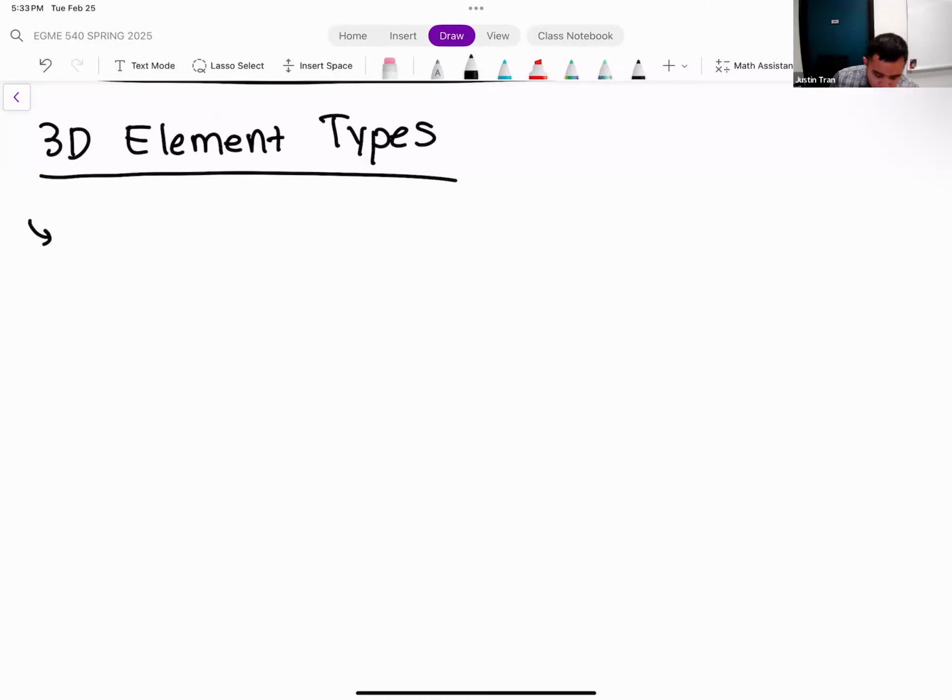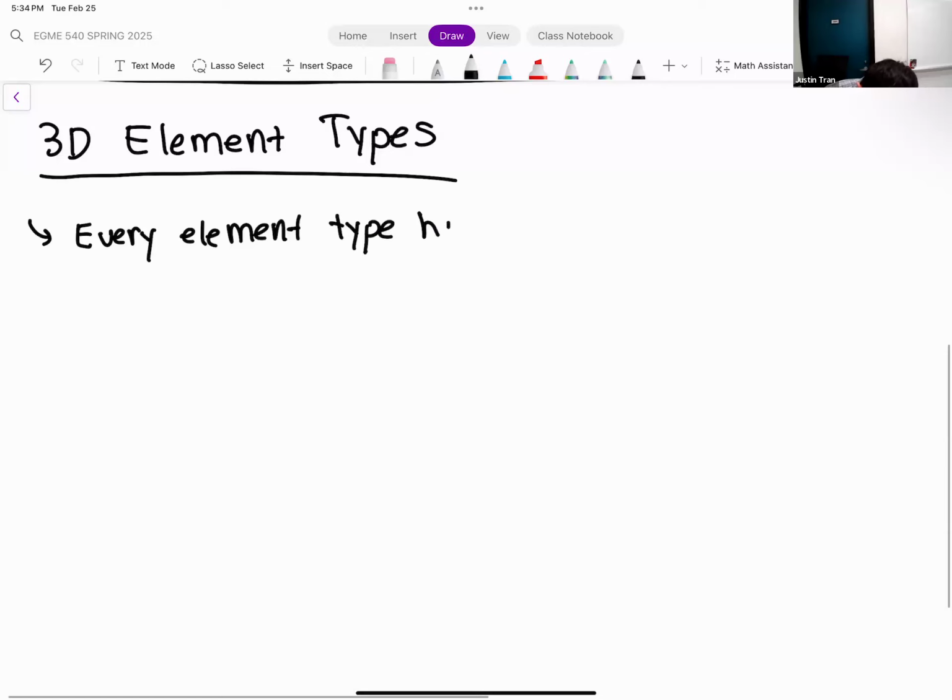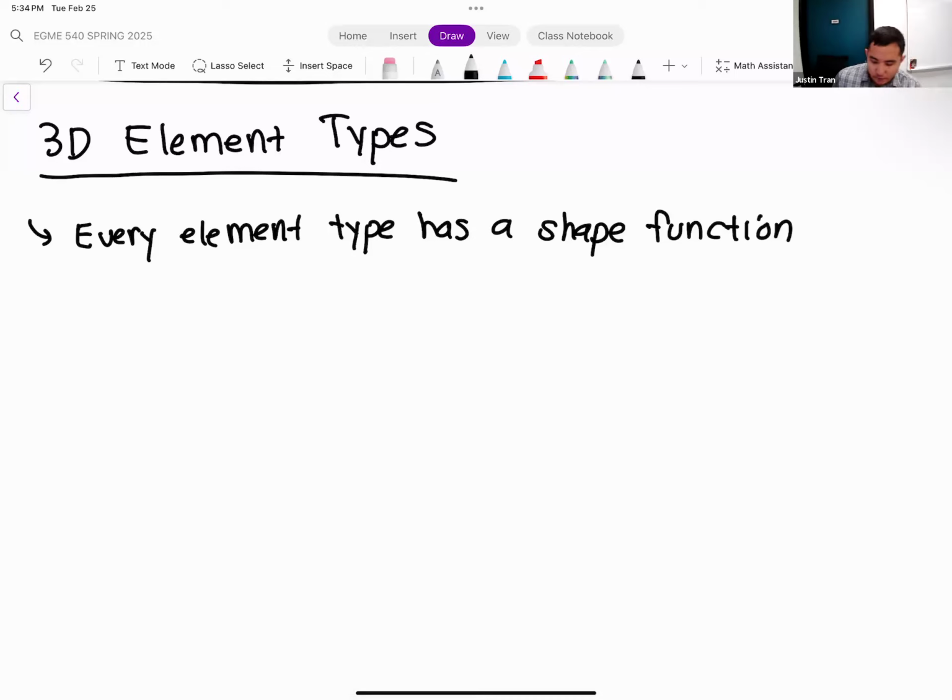In particular, we focused a lot of our discussion around this idea of a shape function. Every element type has what's called a shape function, which describes the behavior of that element in terms of how they approximate the solution, how they approximate the geometries, how they interpolate the solution. So, the shape function is kind of the core feature of every element.